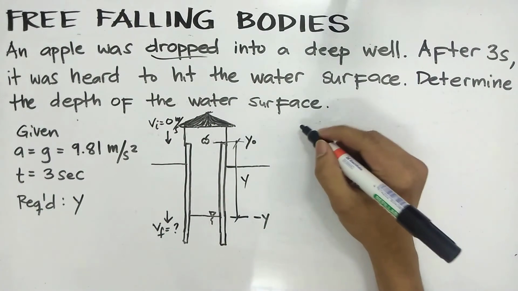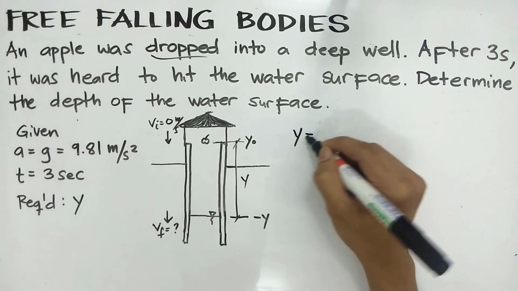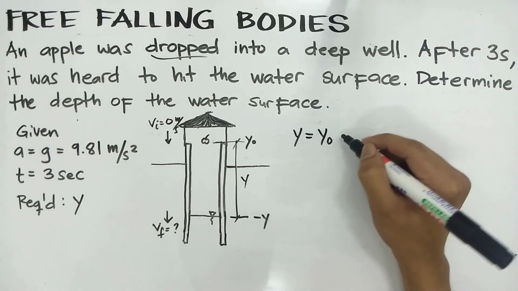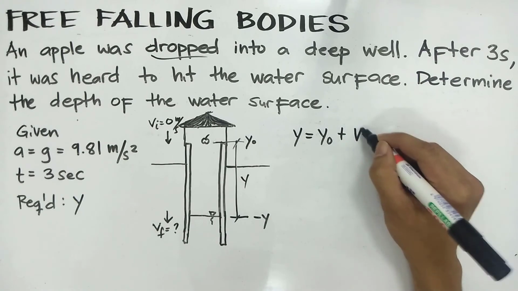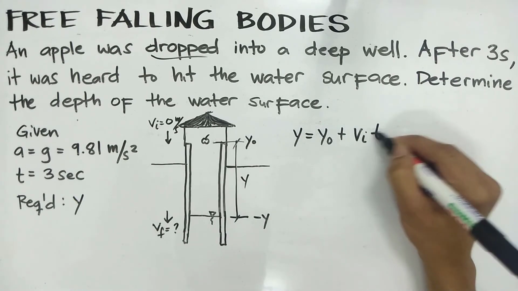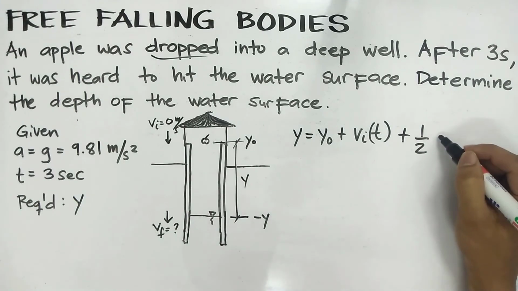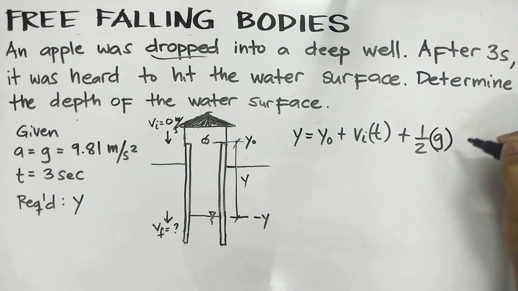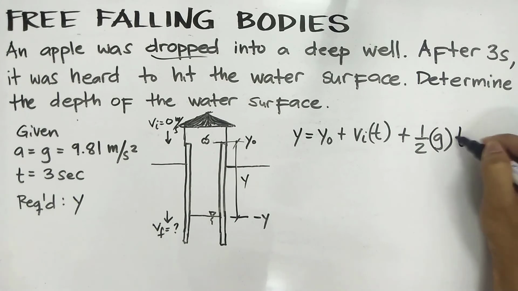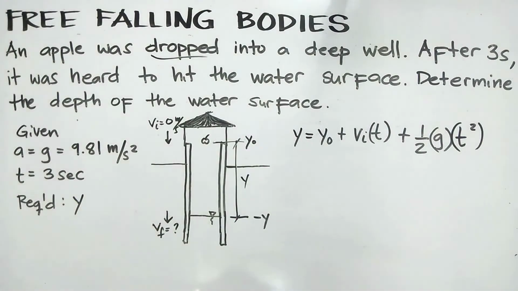We can use this formula: y is equal to y sub 0 plus initial velocity times time plus 1/2 of the acceleration due to gravity times the time squared.